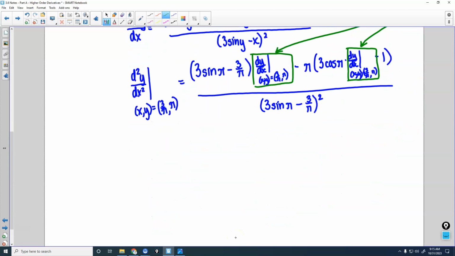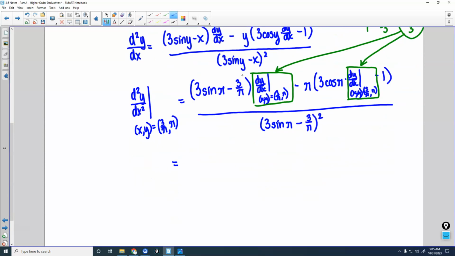All right, so what we're going to do is basically evaluate this as far as we can. We're going to plug in that negative pi squared over 3 for these. So what is sine of pi? 0. So this is just going to be 0 minus 3 over pi, so it's just going to be negative 3 over pi times negative pi squared over 3.